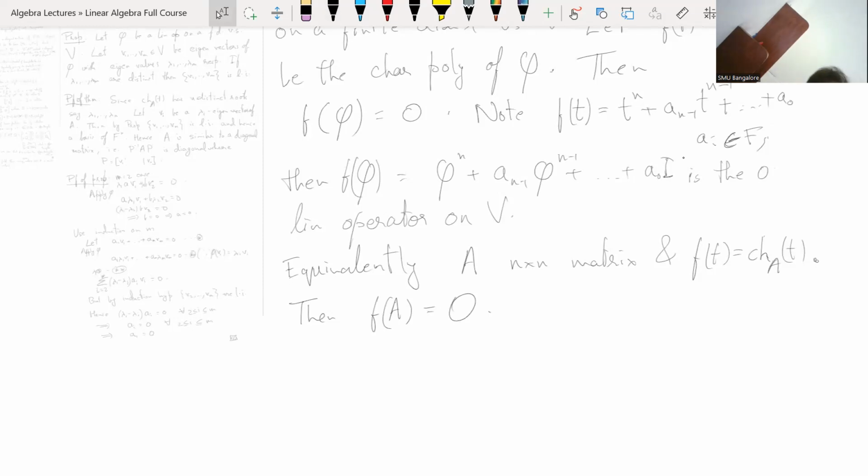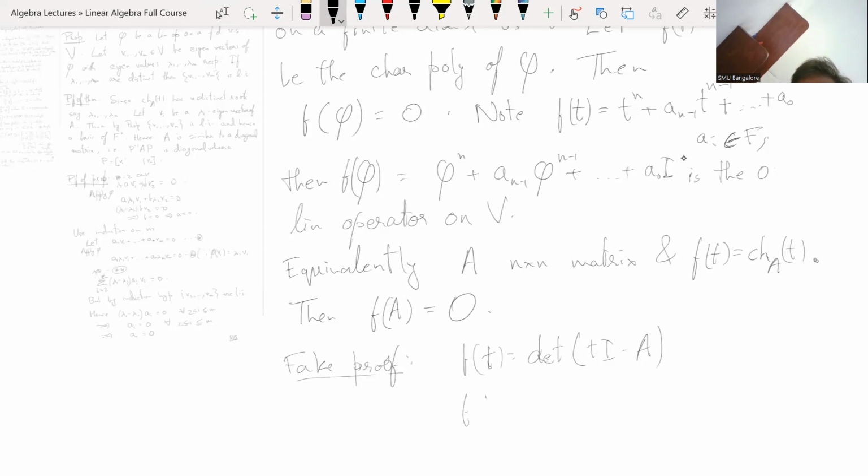First of all, there is a fake proof. You know that f of t is the determinant of tI minus A. That is the characteristic polynomial.